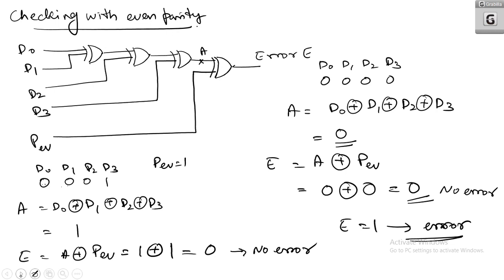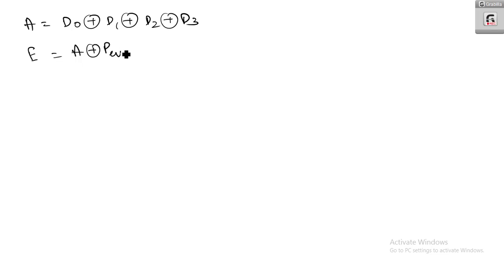Now one more step. At the point A we have D0 XOR D1 XOR D2 XOR D3, right? And what is error? Error is A XOR P even parity.